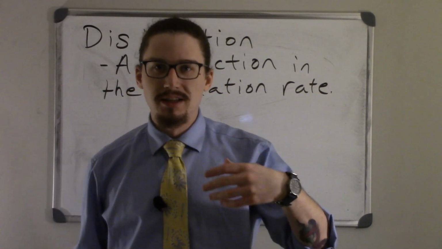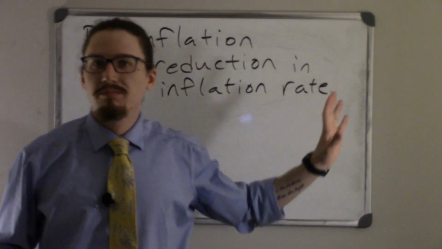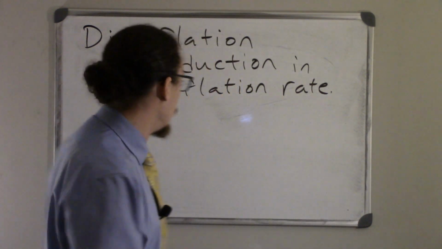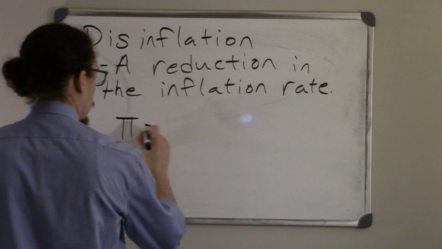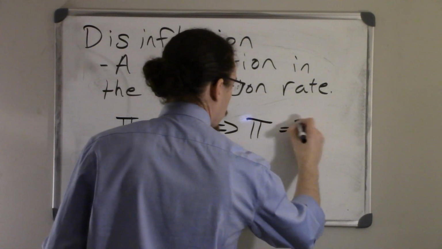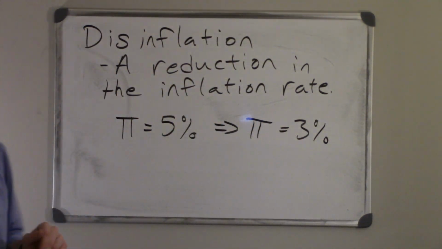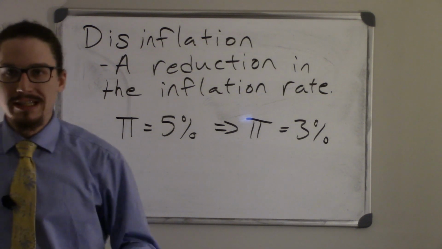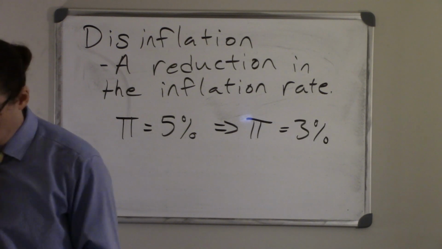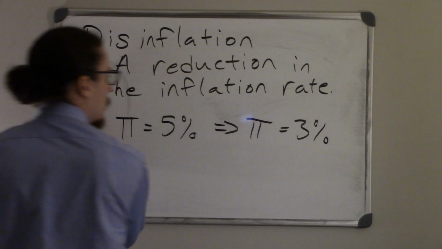With disinflation, prices are still higher than they were, but they've gone up by less than they used to be going up, right? So you might go from an inflation rate of 5% to 3%. That is disinflation. All right, a decrease in the inflation rate. Again, if we have deflation, that's going to be a negative inflation rate.